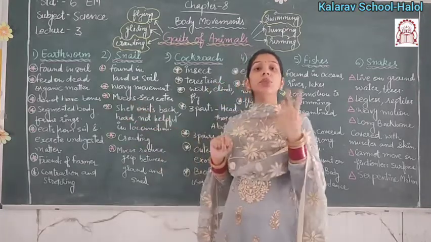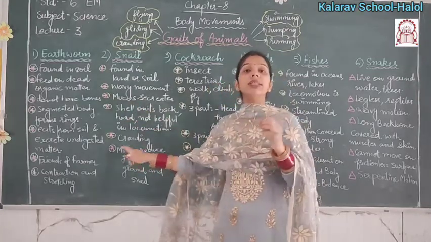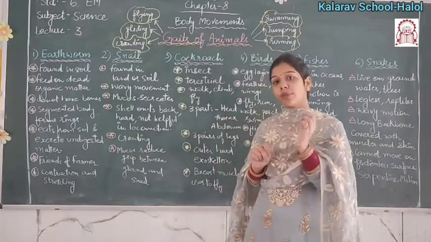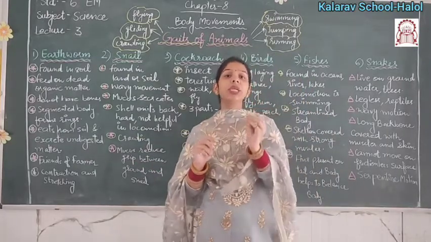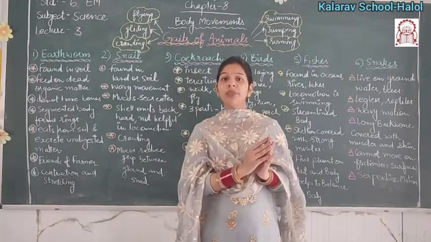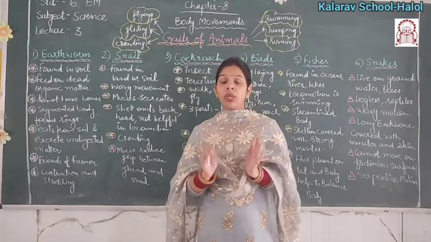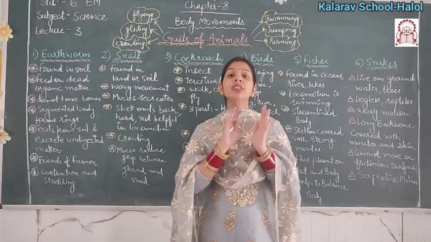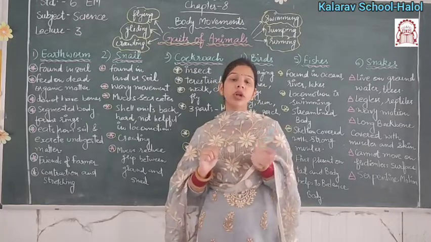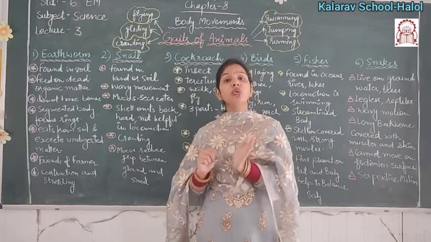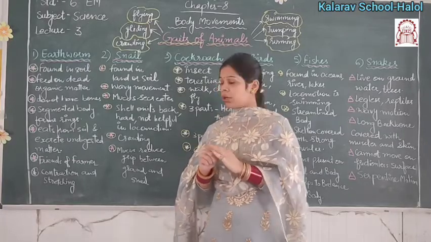They secrete mucus, and the main function of mucus is to reduce the friction between the body of the snail and the ground. So it helps the snail to move smoothly on the ground.